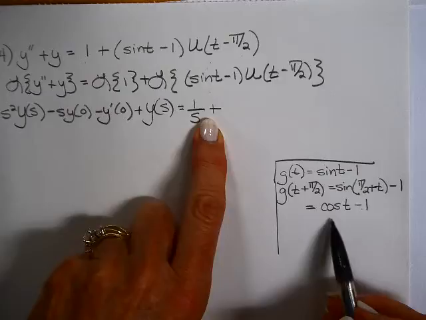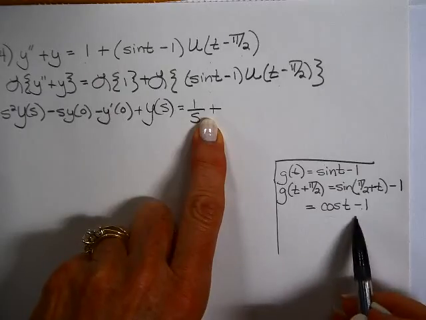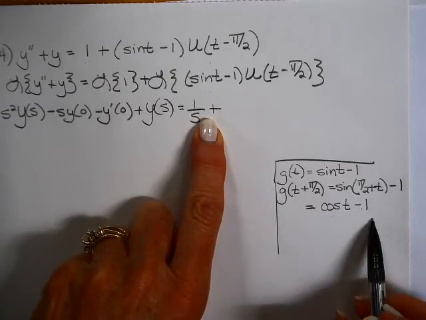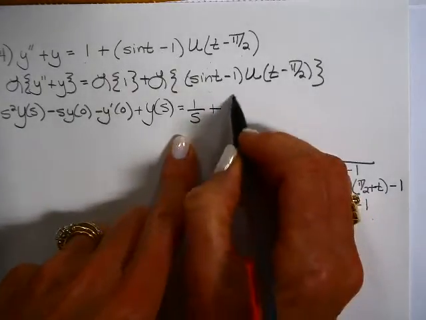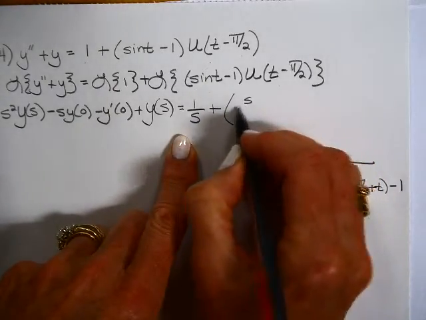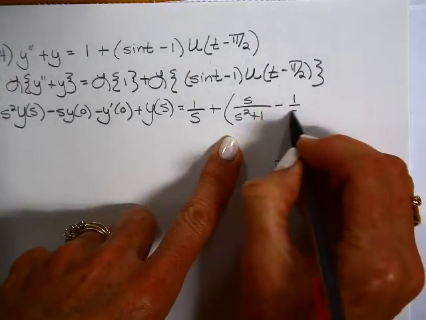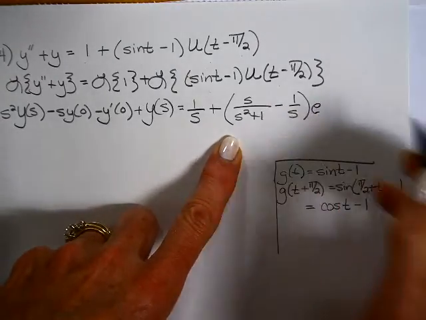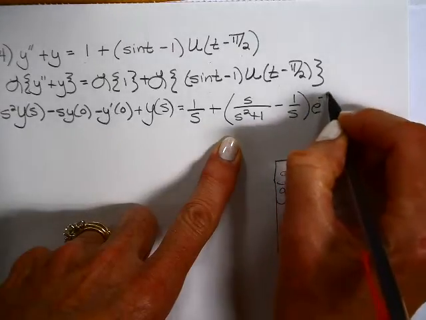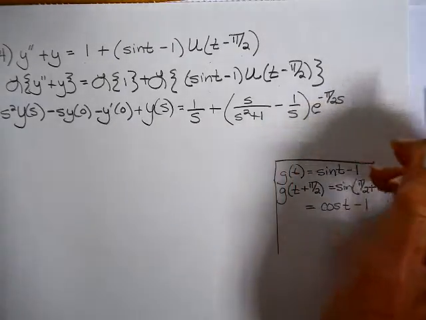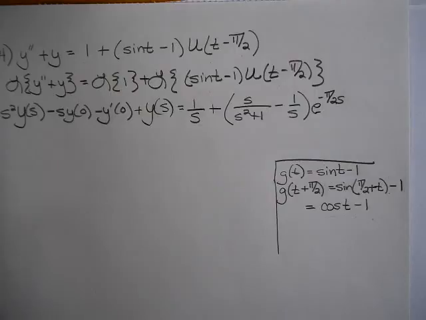So when I do the Laplace transform, this is my g of t plus a. I'm doing the Laplace transform of this. Cosine of t is s over s squared plus 1 minus 1 over s, and that's e to the negative pi over 2s. Or is it positive pi over 2?